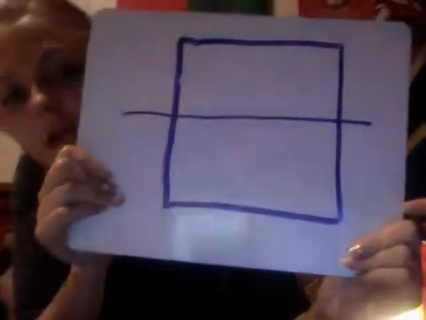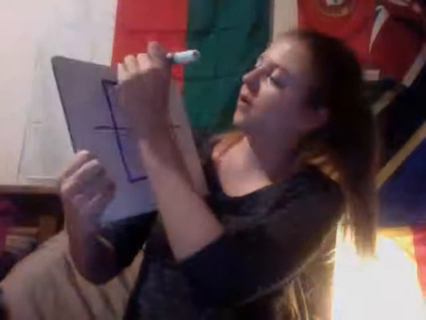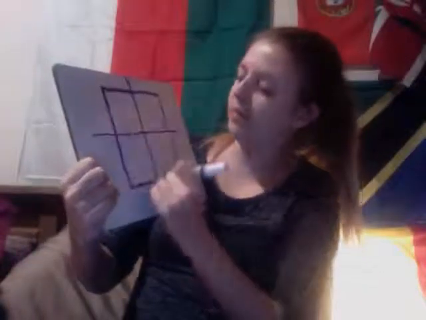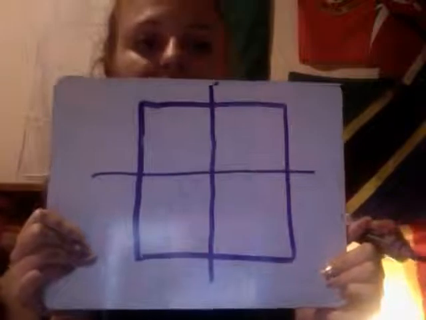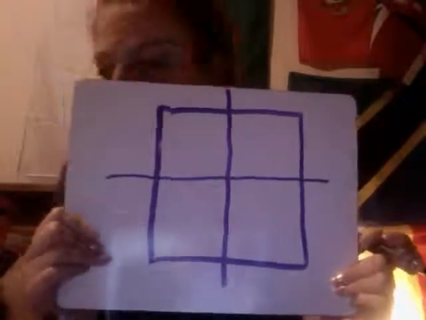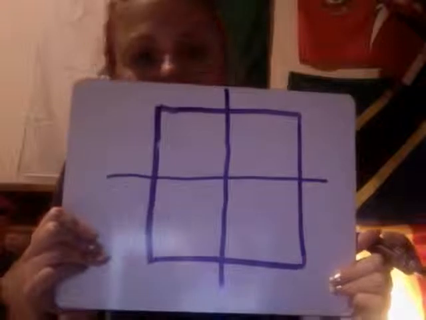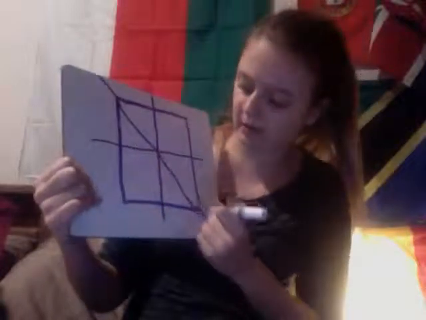Where could another line of symmetry be? Okay, another one could be cutting it up and down. Okay, where else could we cut it where it would be the same on both sides? Okay, we could draw it diagonally.